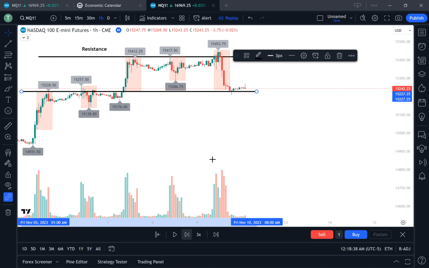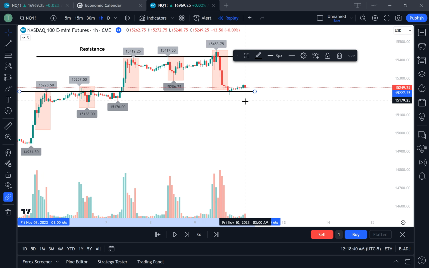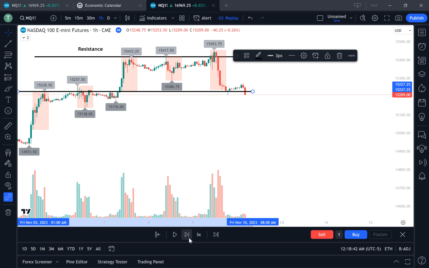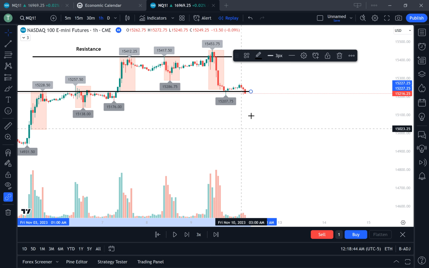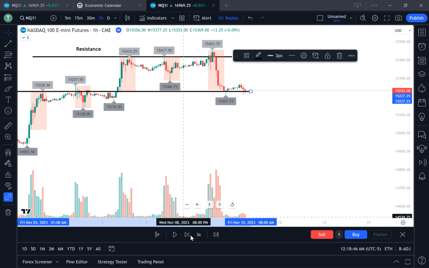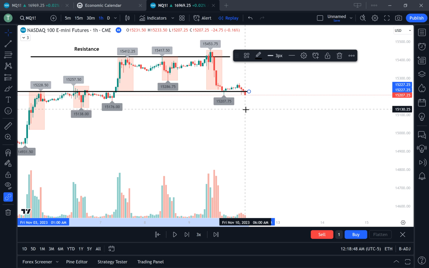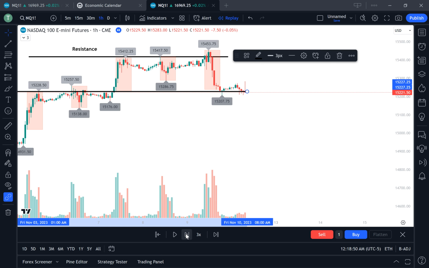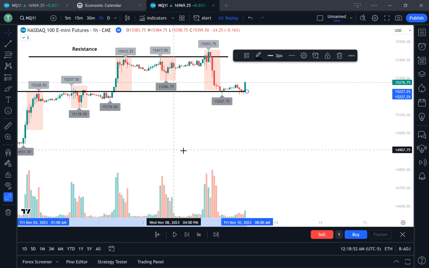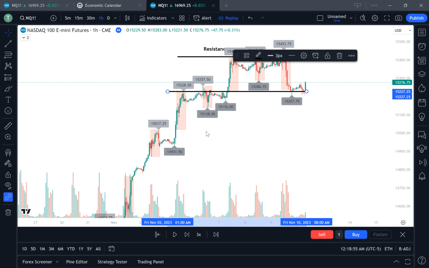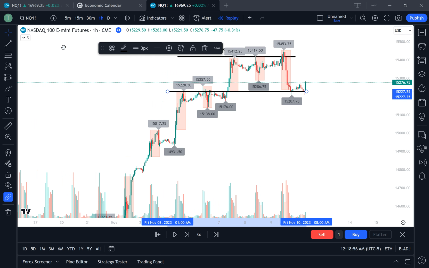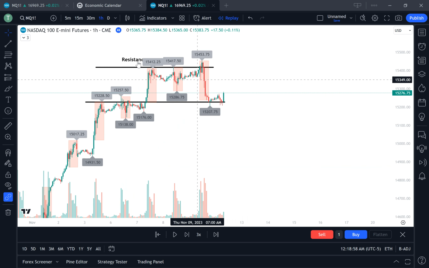12 a.m. What we're looking at here, 3 a.m., 4, 5 a.m., 6 a.m., 7. After looking at this, I can't help but see it.